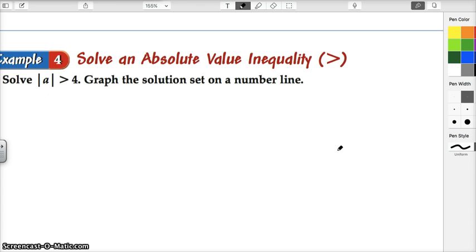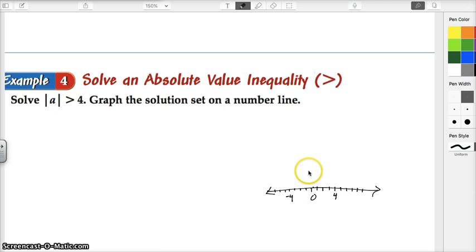So here, this one's a little different, right? We've got the absolute value is greater than some number. When that is the case, again, let's take a look at the number line and consider what we are doing in a problem set up like this. Well, the absolute value of A must be greater than 4. That means the value must be further away from 0 than 4.